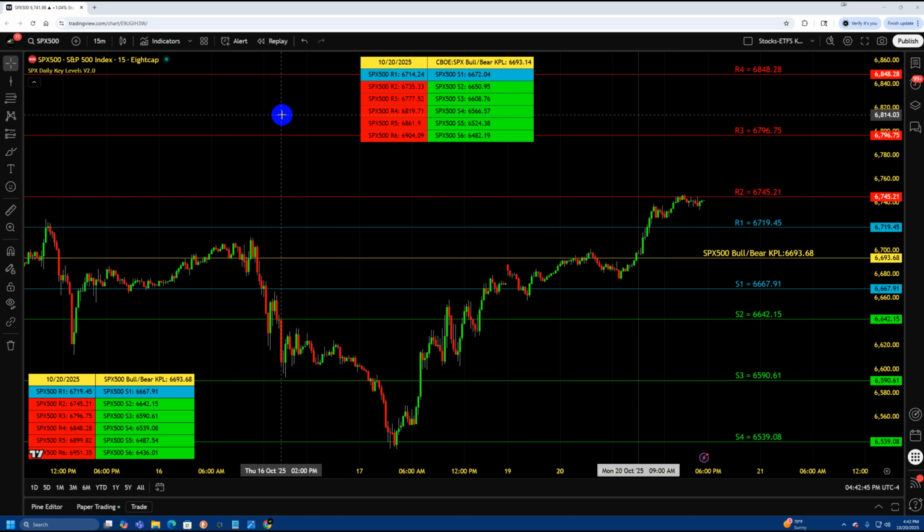So for those individuals that either have their own Forex account and prefer to trade SPX 500 through a Forex CFD instead of index options, then you can utilize this indicator for that as well.